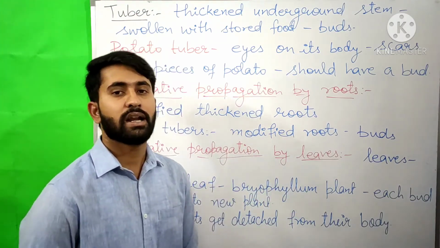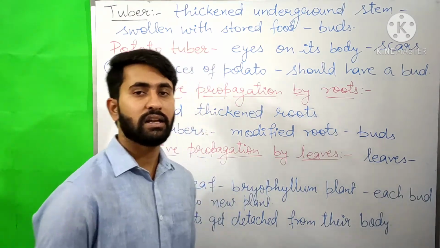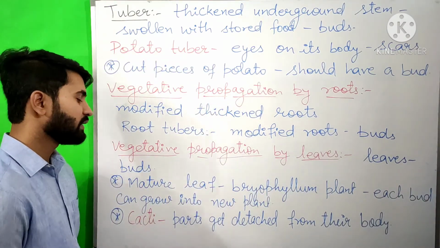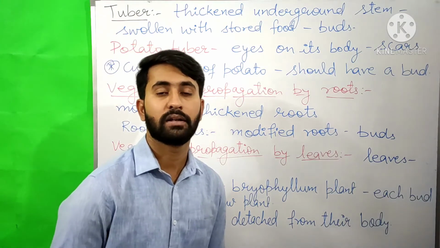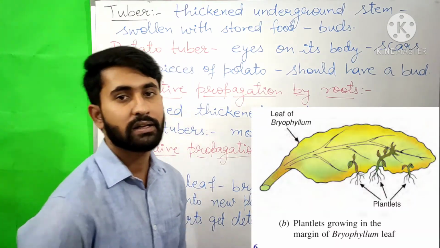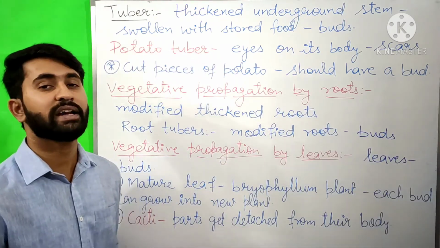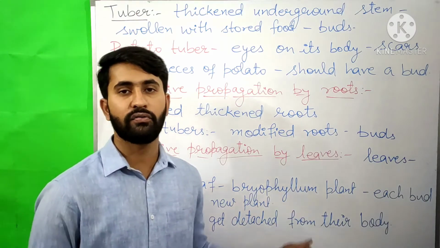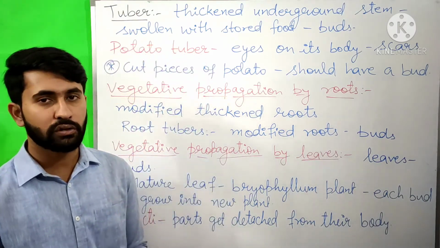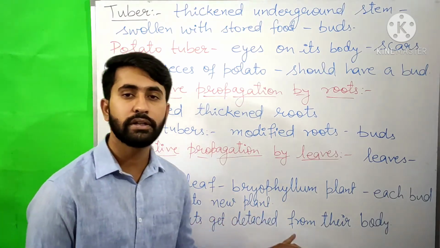Now the last is vegetative propagation by leaves. The leaves of some plants develop buds on them. Like for example, the bryophyllum plant. Its leaves are having buds on their edges. When a mature leaf of bryophyllum plant falls on the ground, then each bud can grow into a new plant.